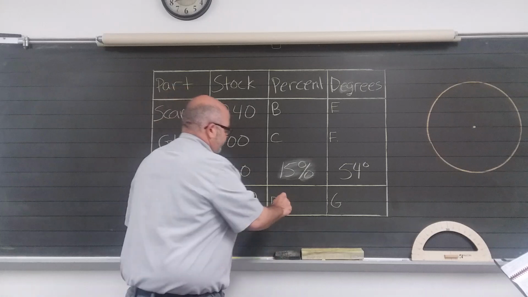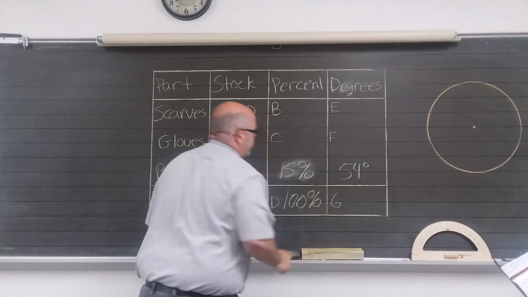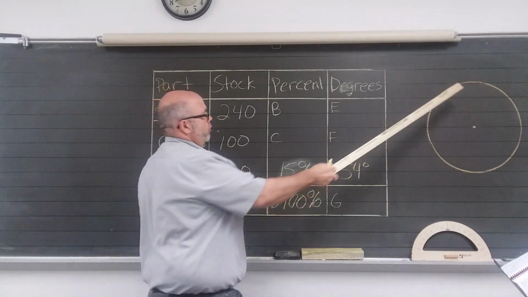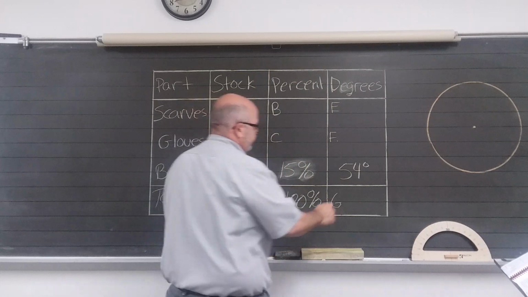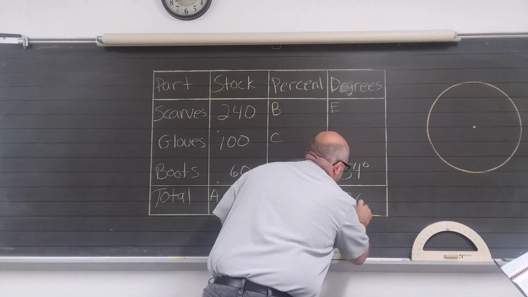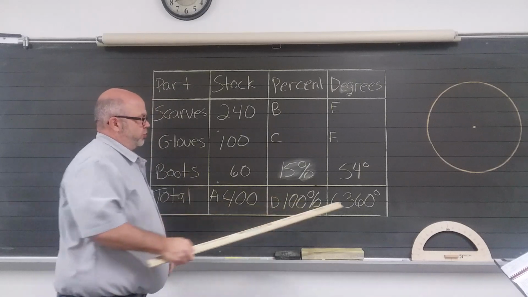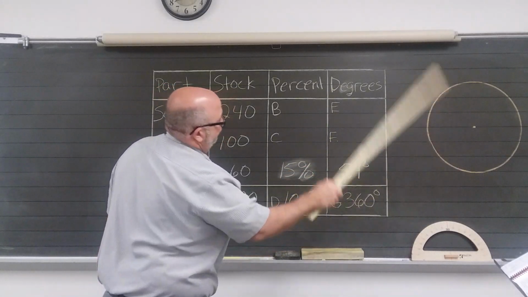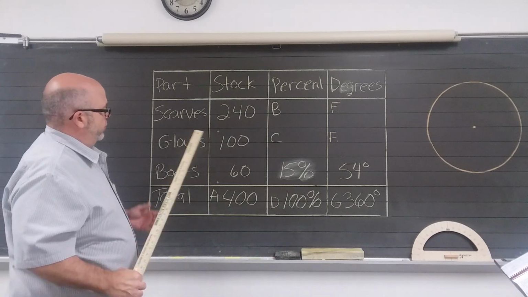Total percent is always 100%. The total of a rotation, the degrees in a rotation of a circle is always 360 degrees. All right? And this is why you need degrees, because we're making a circle graph. Okay, let's do it.